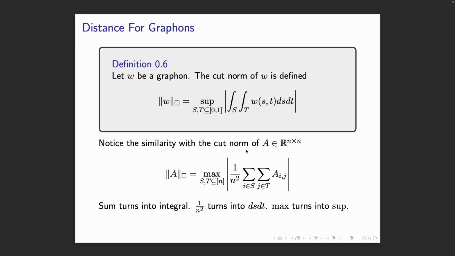And in this space, we can generalize the cut norm of a matrix to a graphon. The idea is that as n goes to infinity, the sums are going to converge to integrals. This 1 over n squared is going to turn into ds dt. And sup is essentially the maximum for infinite sets, where the maximum might not exist, but asymptotically there is some maximum value.